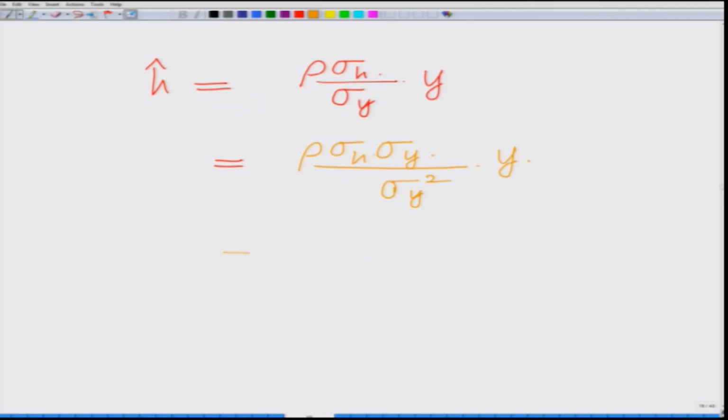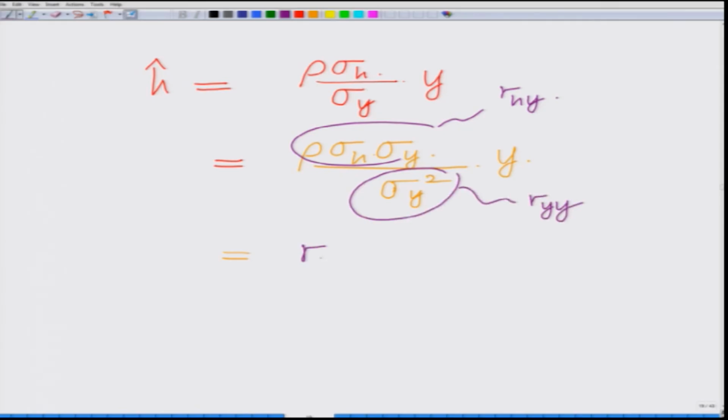If you look at this quantity here, this is basically your r h y, and this quantity in the denominator is basically your r y y. So, I can write this, in a form that is going to be helpful in our later discussion, as r h y times 1 over r y y, which is basically r y y inverse, times y.